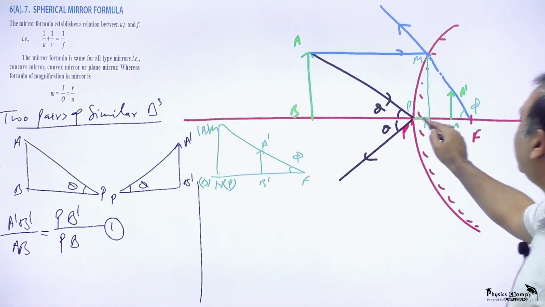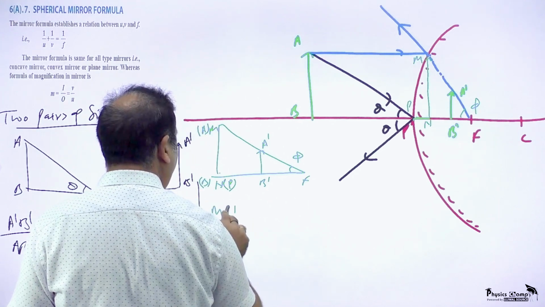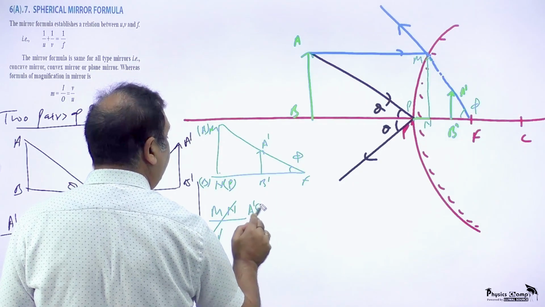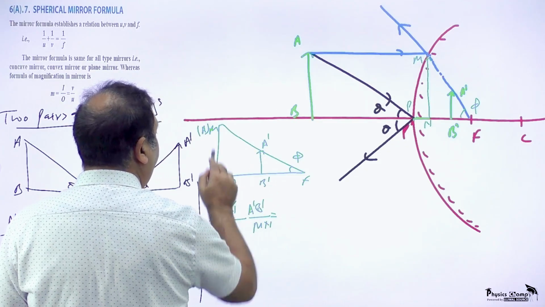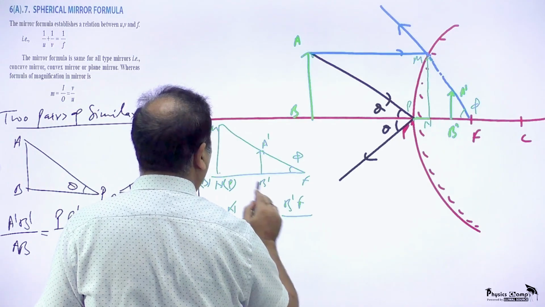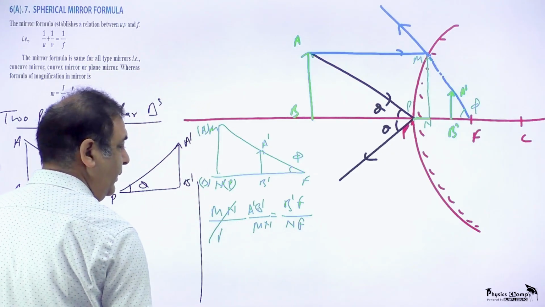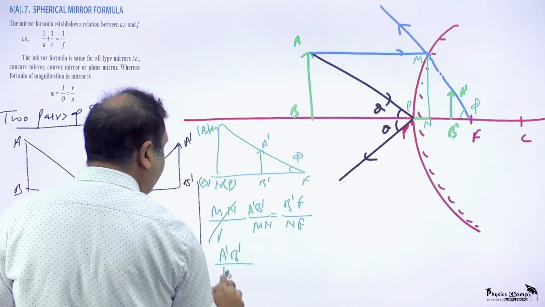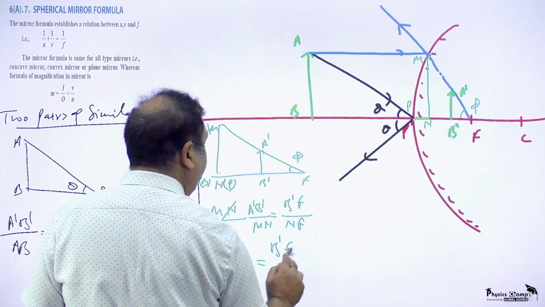So I write the second one as A dash B dash by MN, which will be equal to B dash F divided by NF. And A dash B dash by MN can be said as A dash B dash by AB, and it is B dash F by PF.